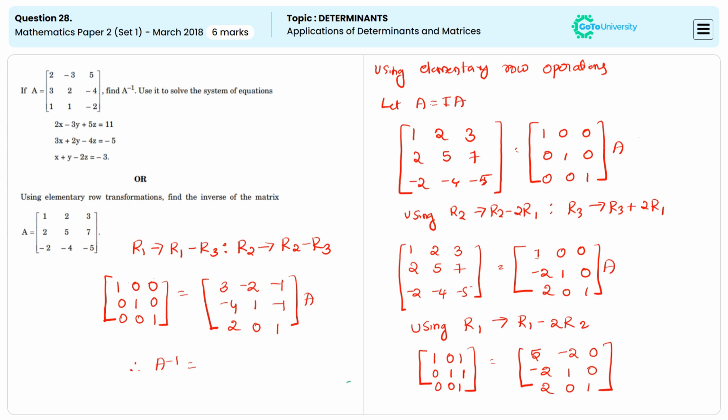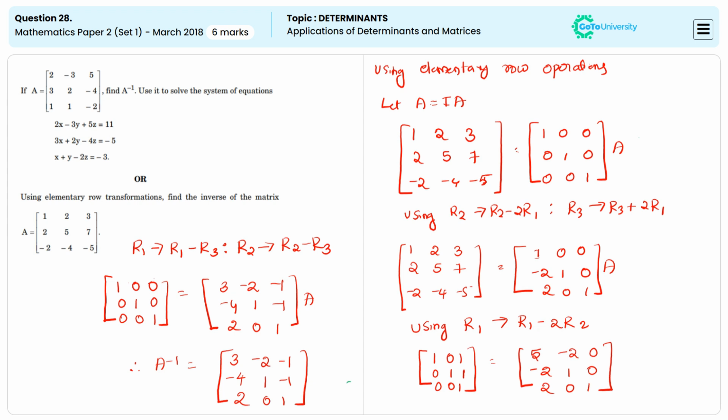So this is the A inverse matrix, which is 3, minus 2, minus 1, minus 4, 1, minus 1, and 2, 0, 1. This is the required inverse matrix which we obtained by using row operations.